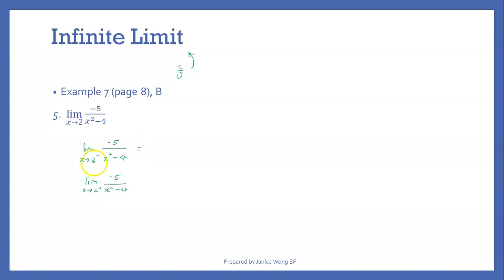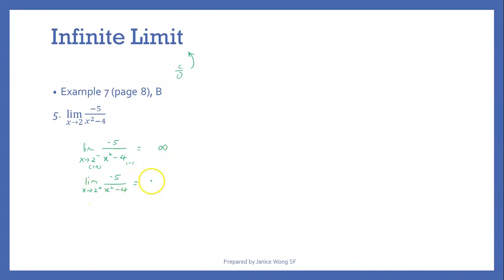For the first case, 2 negative. Sub in, something over 0 case, one-sided limit related to infinity. We need to check the sign. Please take your calculator, substitute x equals to 1.9 in order to check the sign. 1.9 squared minus 4, you will get a negative value.